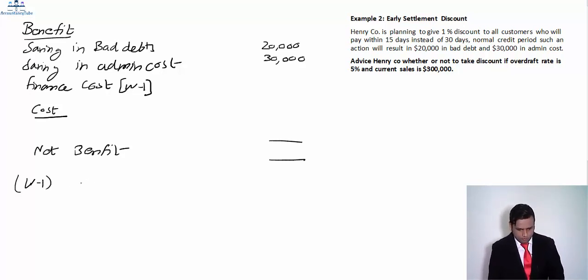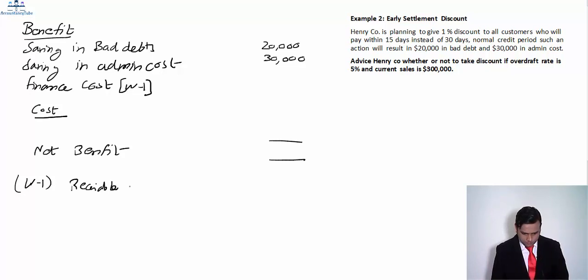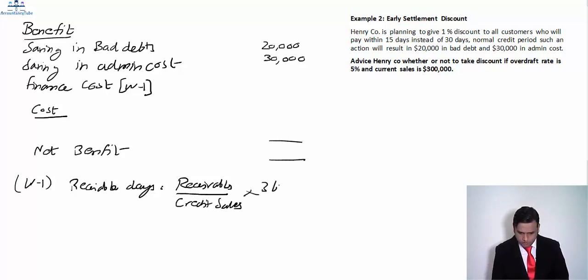The receivables formula is straightforward. That is receivable days is equals to receivables divided by credit sales multiplied by 365.